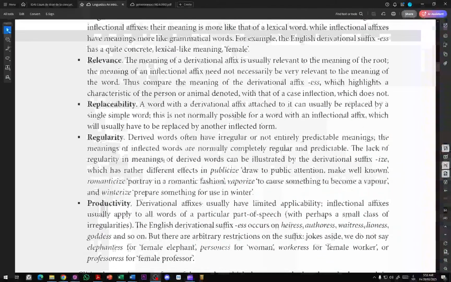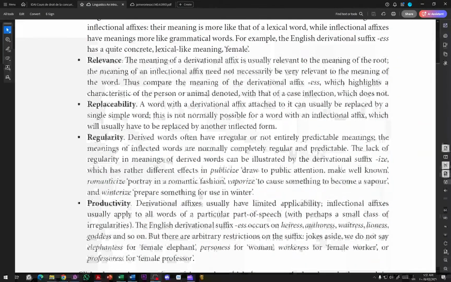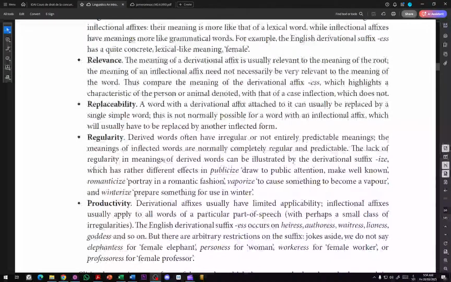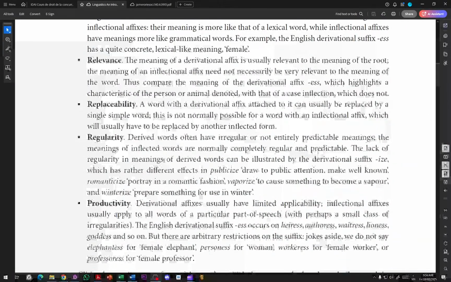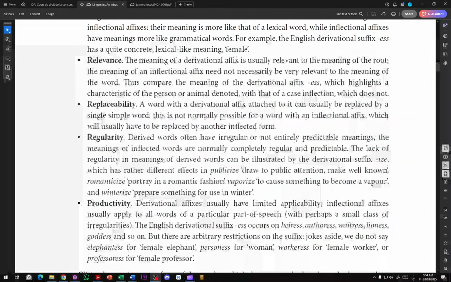The lack of regularity in meanings of derived words can be illustrated by the derivational suffix -ize, which has rather different effects in publicize, romanticize, and winterize.